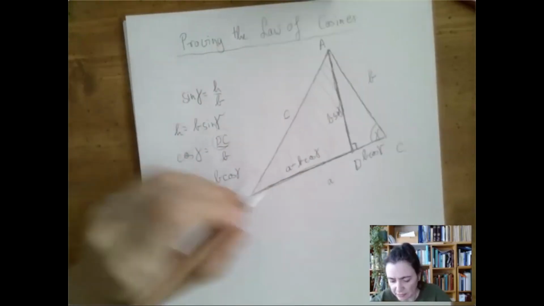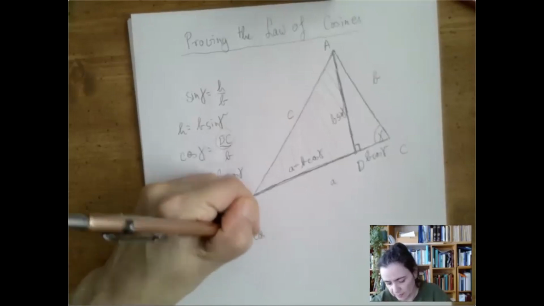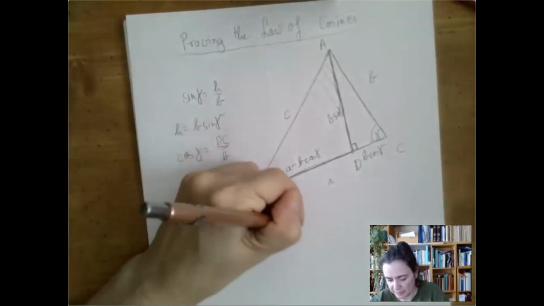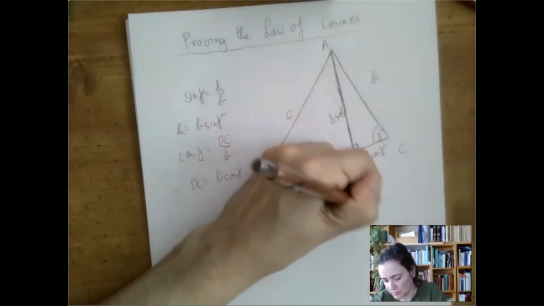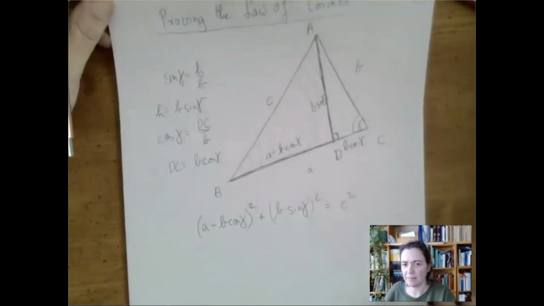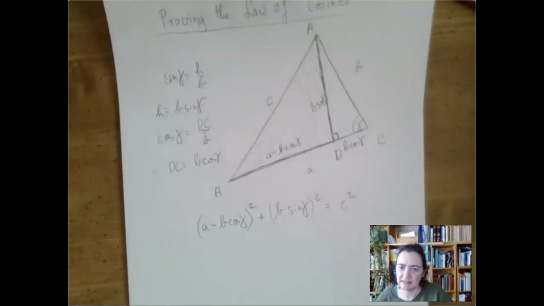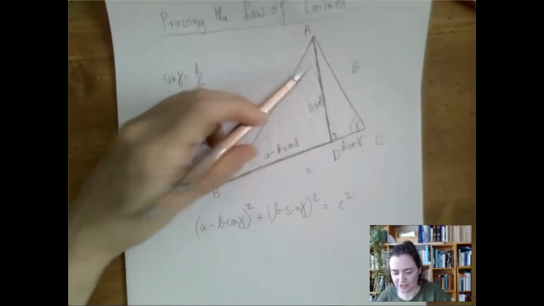So the Pythagorean theorem for this triangle goes like this: (a minus b cosine gamma) squared plus (b sine gamma) squared equals c squared. Just the Pythagorean theorem on this little right triangle.